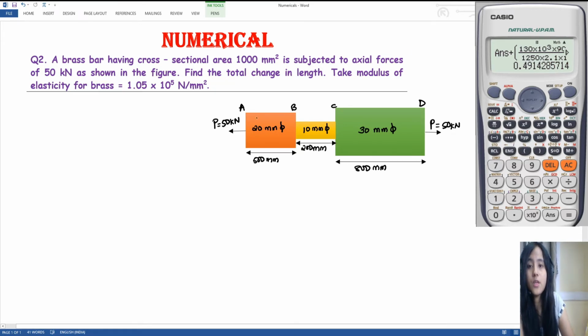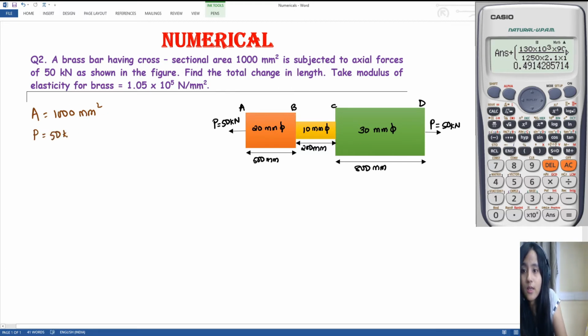So in this figure, as we can see, there is only one force that has been applied for this whole cross-sectional area of the brass, right? So from the question, the givens are area is given equal to 1000 mm square, and then the force P is given equal to 50 kilonewton.